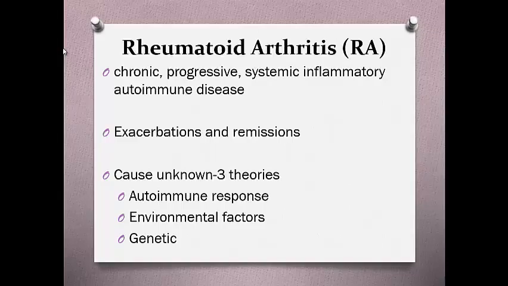So certain viruses might put someone more at risk of getting rheumatoid arthritis. And physical and emotional stresses have been linked to the exacerbations of the disorder and may be contributing factors in its development. So again, we don't totally know the cause of rheumatoid arthritis, but have some theories on what contributes to it.